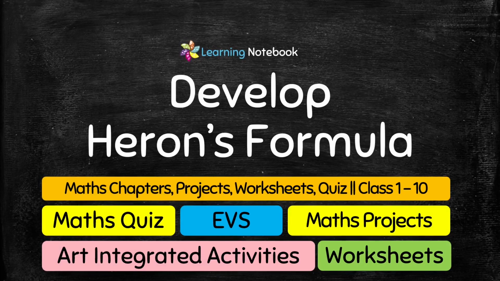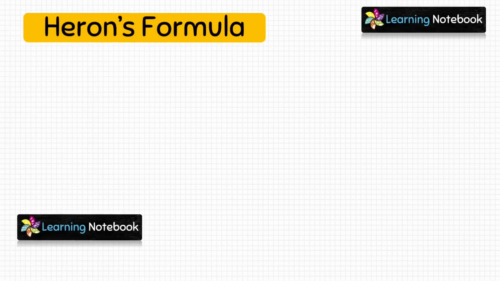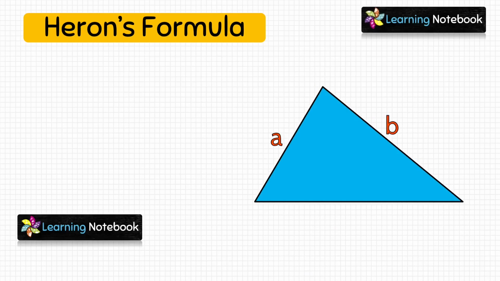Now students, let's develop Heron's formula. Let's take any triangle with sides a, b and c. Next, let's draw a perpendicular height and call it h.